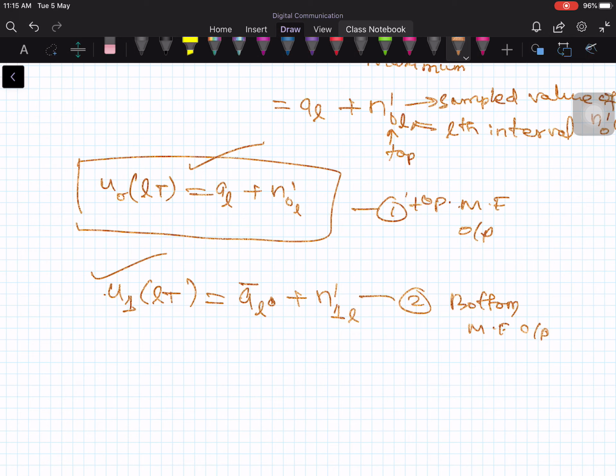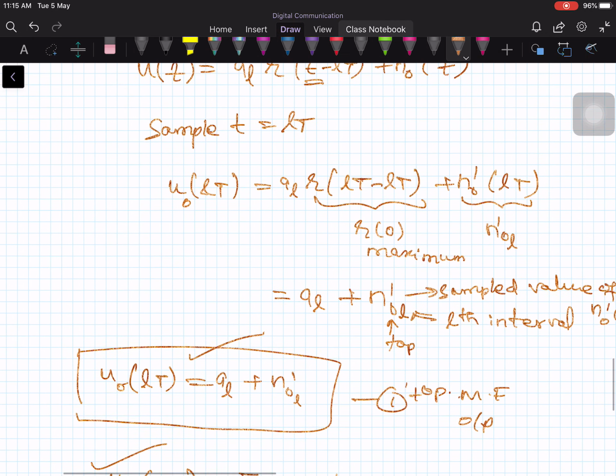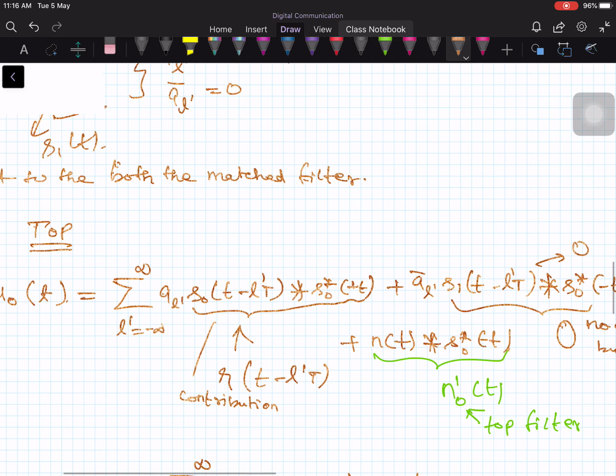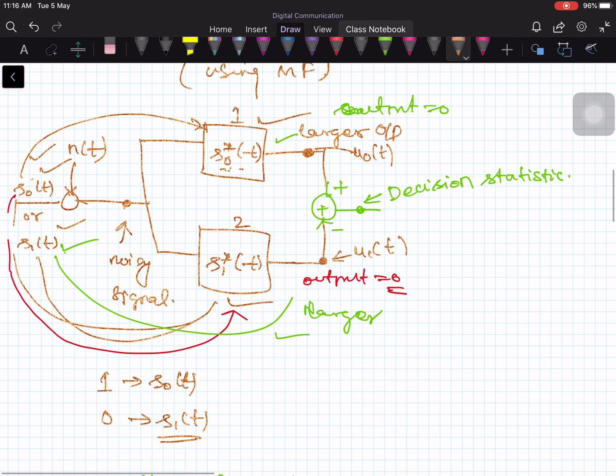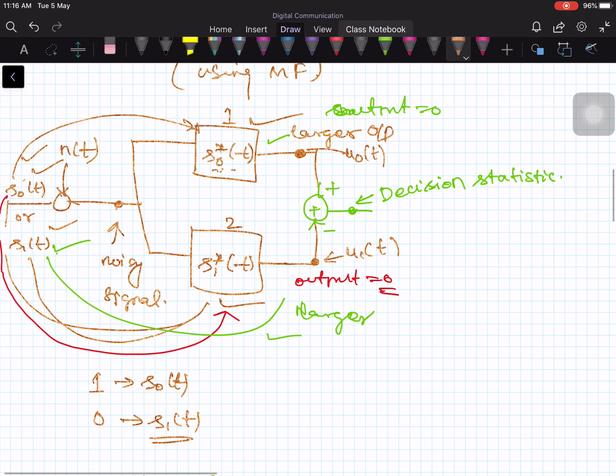Or you could subtract one from the other, which is what is shown in the figure. The bottom one is subtracted from the top one. Do the subtraction and you can conclude which one is bigger.